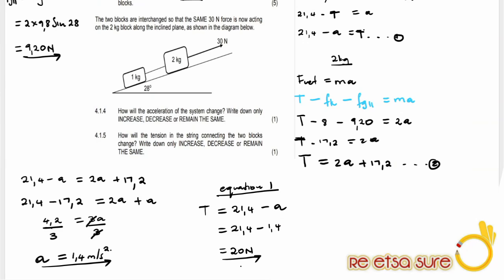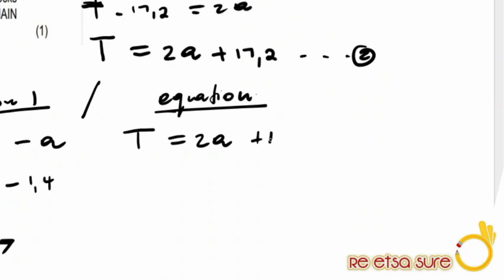Okay, so now let's check, what about equation 2? If I substitute my acceleration into equation 2, I'm going to say T is equal to 2a plus 17,2. What is my a?